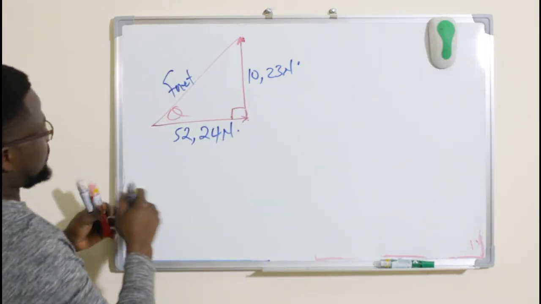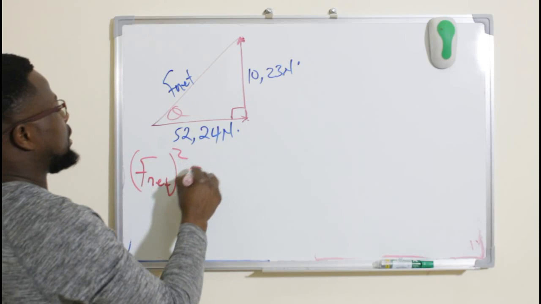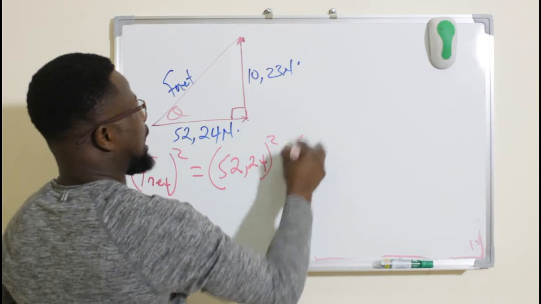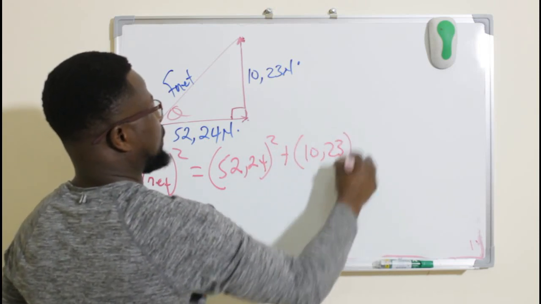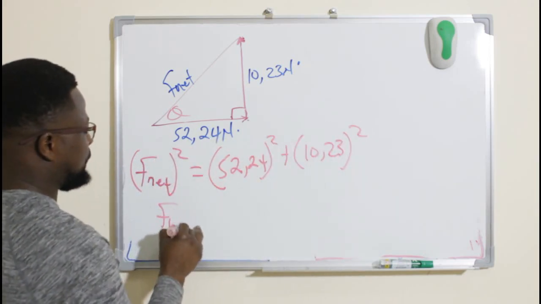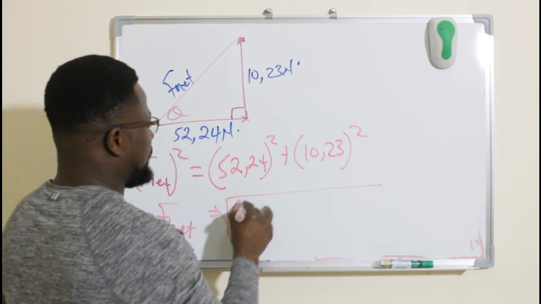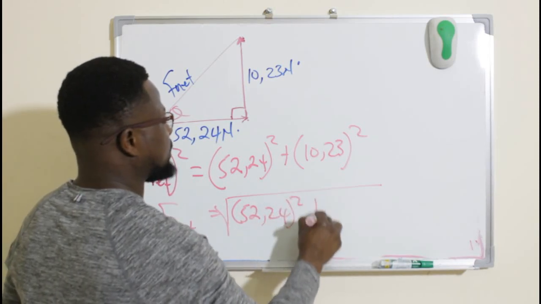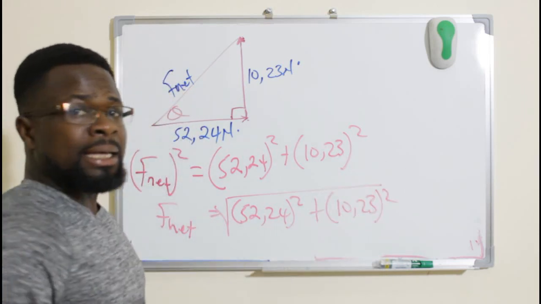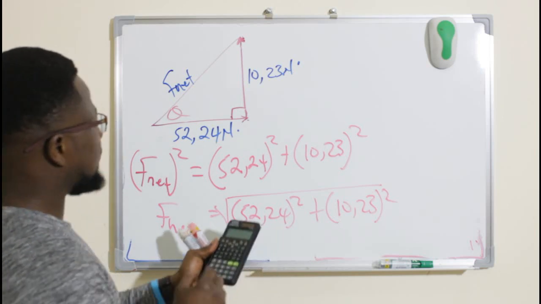F net squared is equal to 52.24 squared plus 10.23 squared. Once it is like that, we take the square root of this. So my F net is going to be the square root of 52.24 squared plus 10.23 squared. That is what we need to do to get what we are looking for. So quickly, let's punch this into the calculator.